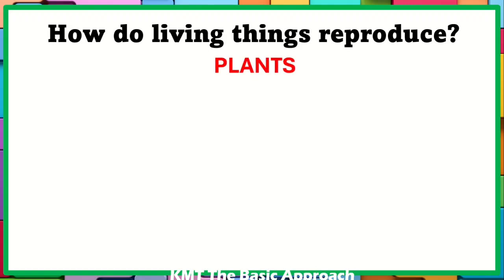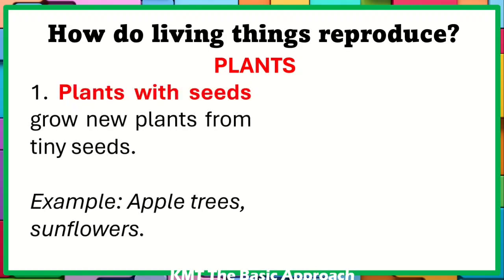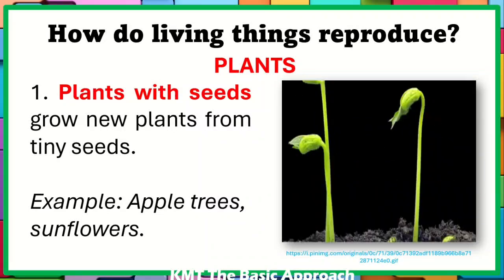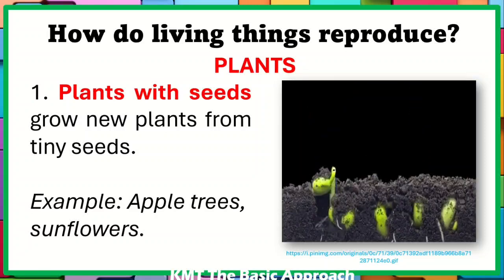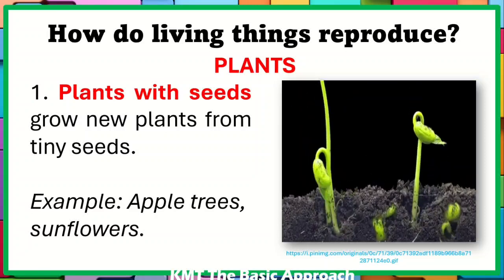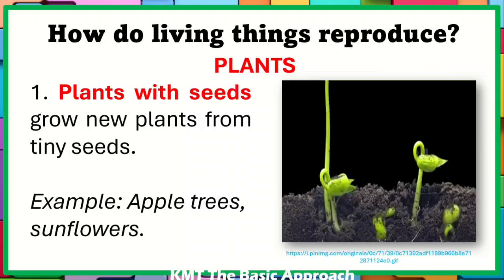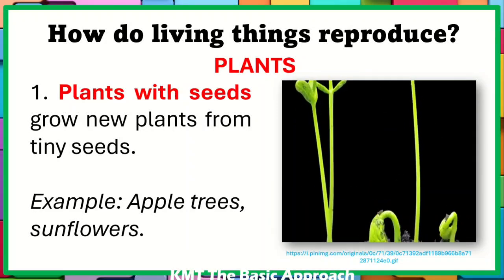For plants. Number 1, plants with seeds. Plants with seeds grow new plants from tiny seeds. Example, apple trees, sunflowers.